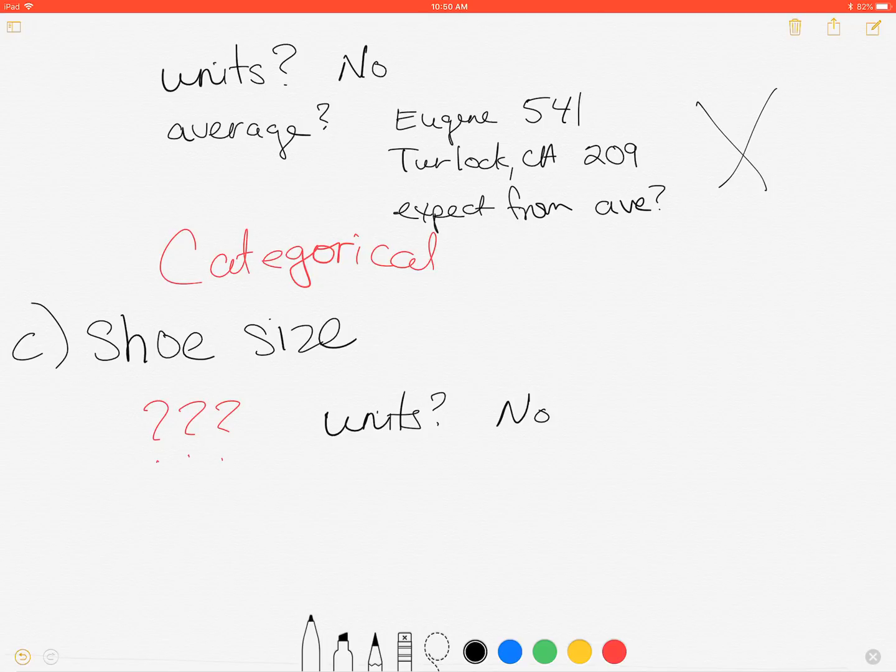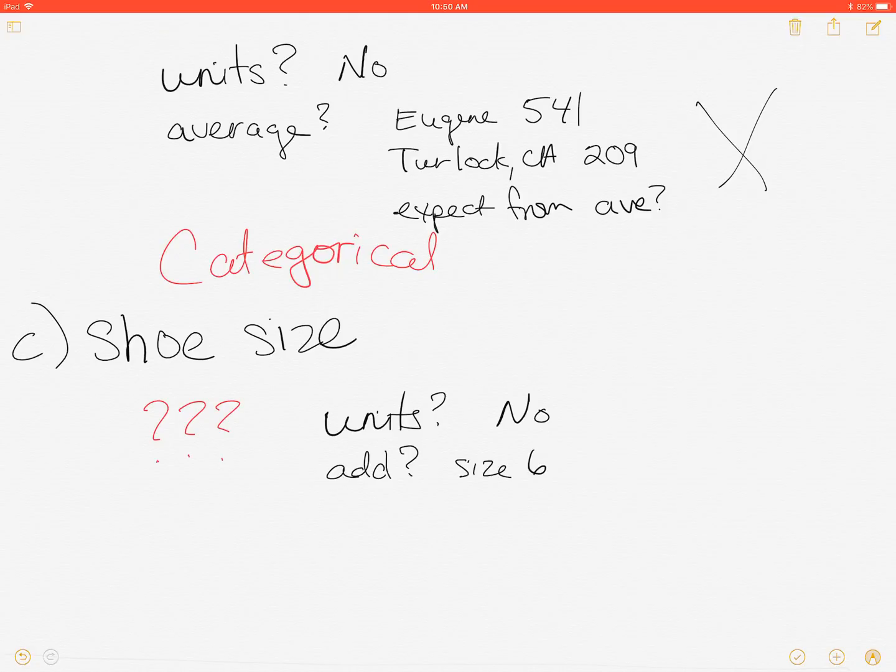I don't think there's a unit to them. And can you add them or subtract them? What's the size 6 minus the size 4? Since they're not inches, I don't know what that would mean. Size 6 minus the size 4 is a size 2? I don't think so.